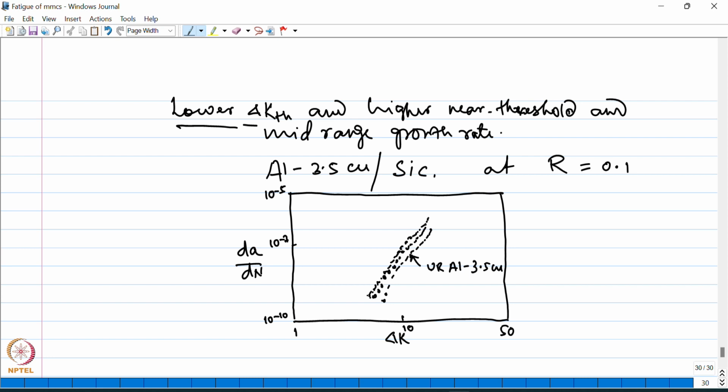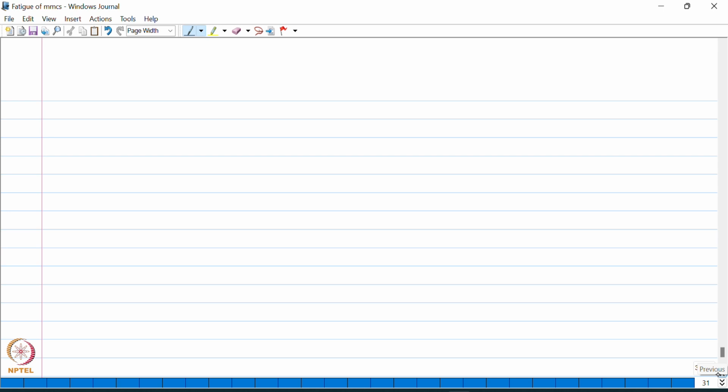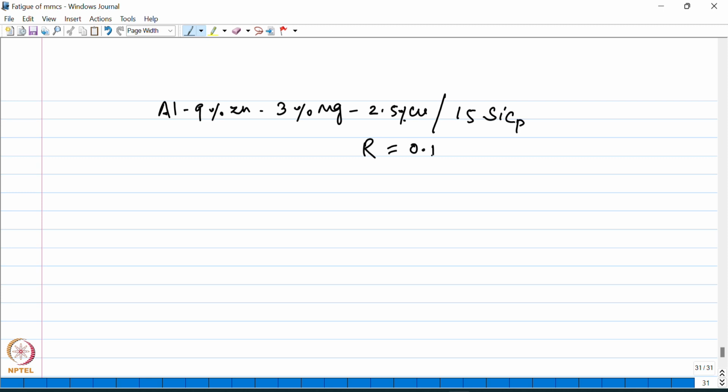Now let us take the third kind of growth behavior, that is lower mid-range growth rate and lower delta KTH, and that kind of behavior was exhibited by a composite of this 7000 series alloy with a typical composition of this, reinforced with 15% silicon carbide particles, and this was also at a stress ratio value of 0.1.